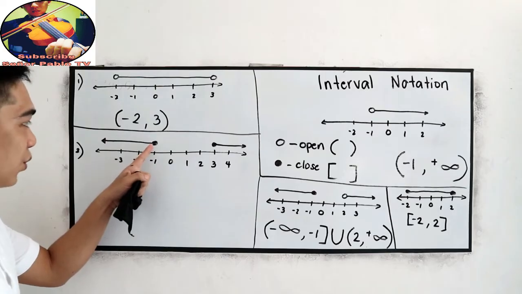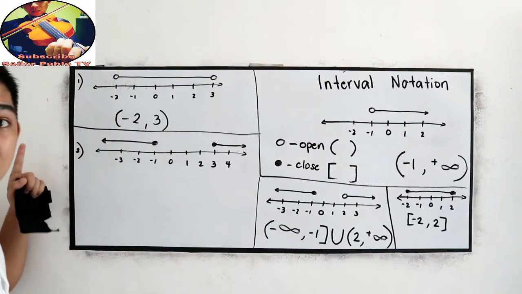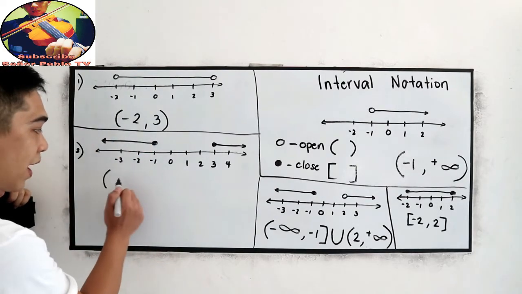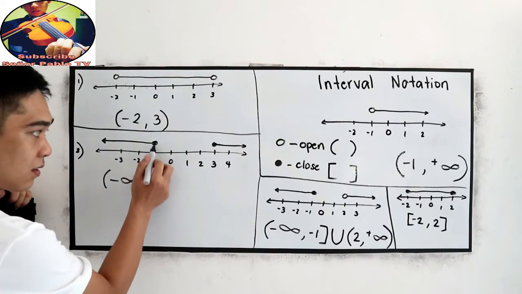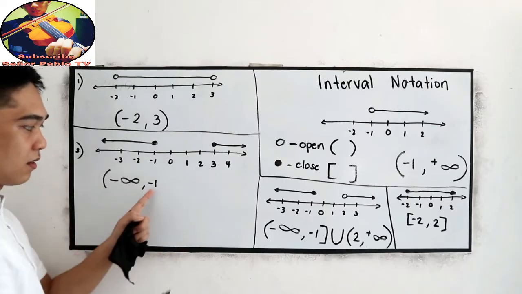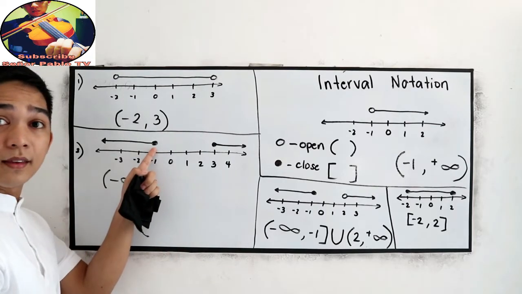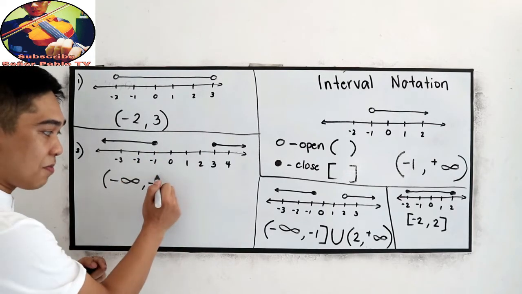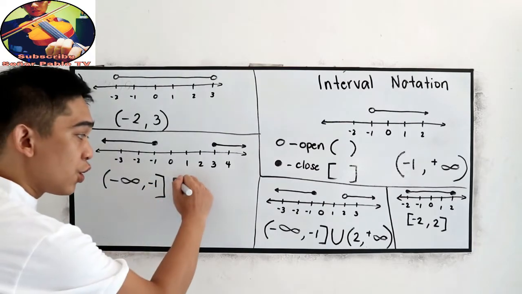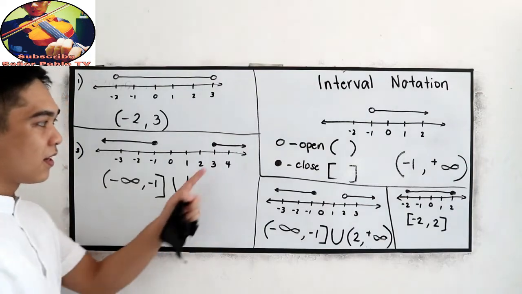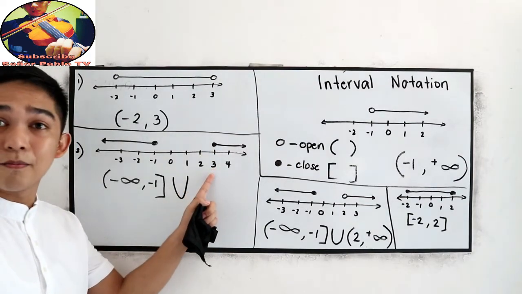So we are going to negative infinity. So open to negative infinity and negative 1. Close or open? So shaded, that means we're going to close to negative 1. Union, close to positive 3.